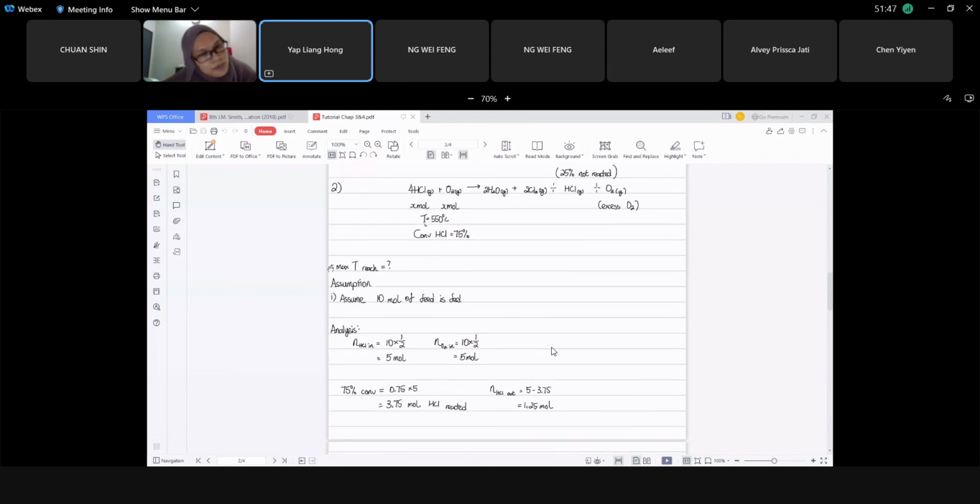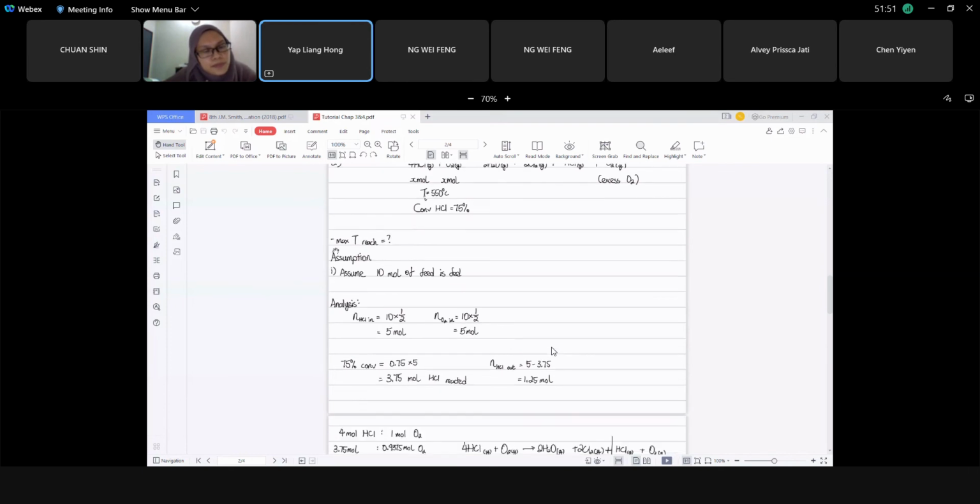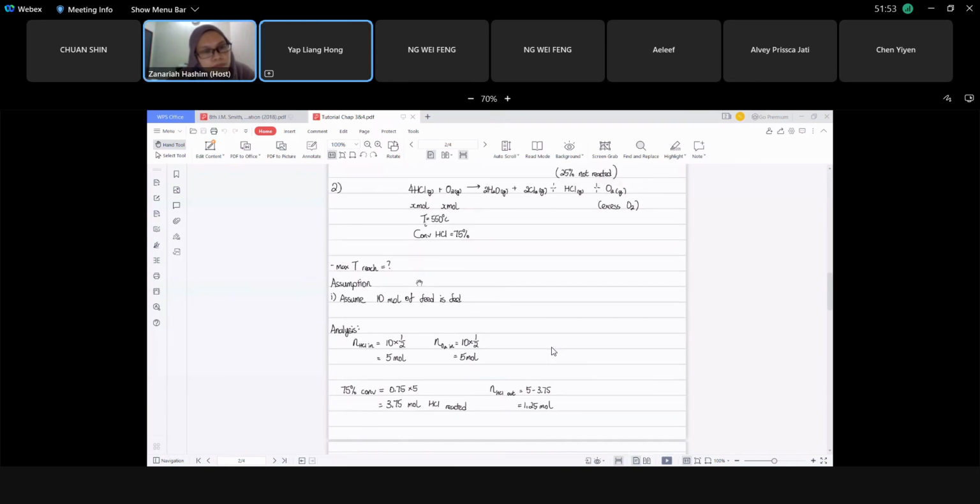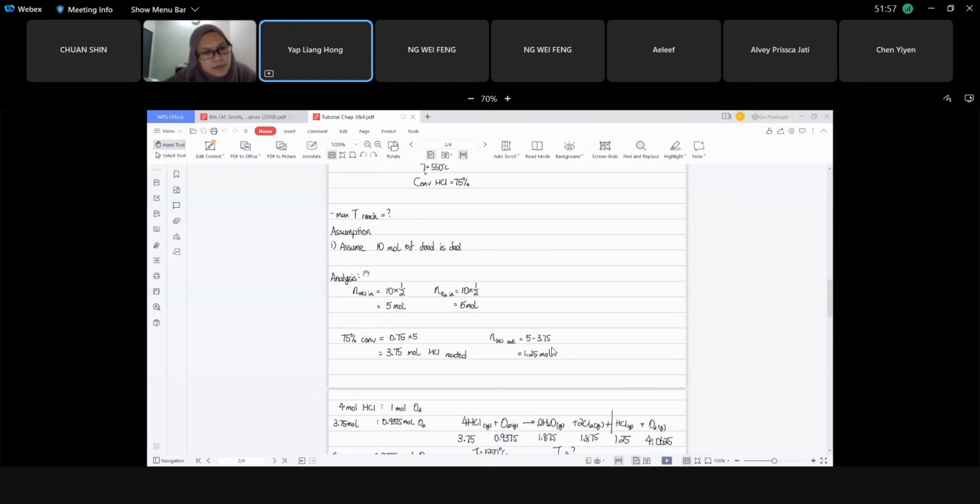So the question is asking for how high the temperature can reach. So we assume 10 mole of it. Anything you will do, but I will assume 10 mole here. So since it's equimolar for HCl in and O2 in, there will be 5 mole for each. And then 75% for the composition of HCl, so 3.75 mole of HCl will be reacted and 1.25 will go up from the reactor.